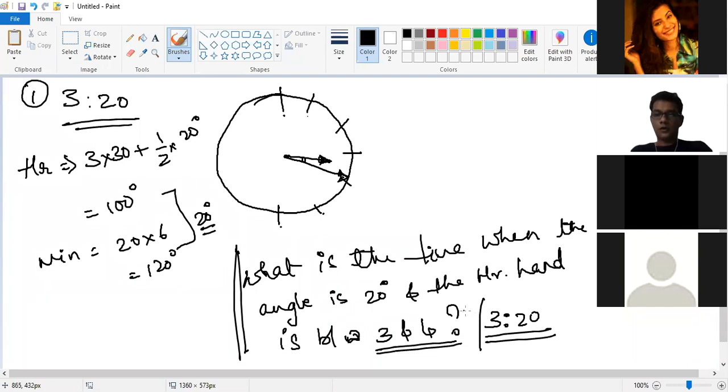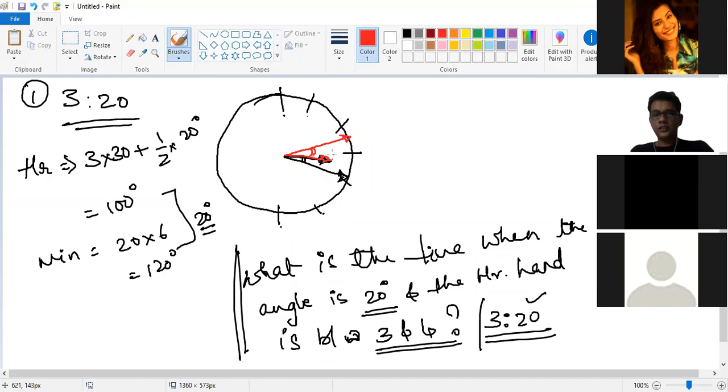That's when I am wrong, because in that statement I'm saying that 20 degrees is happening only when the time is 3:20, which is absolutely wrong. 20 degrees can also happen when the time is, let's assume, 3. This angle can also be 20 degrees, basically the mirror of this. Which means when an angle is given, you have two different timings.